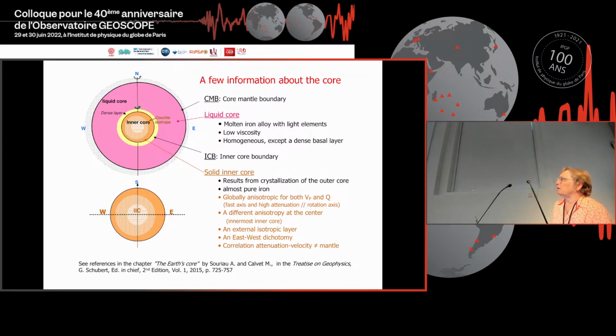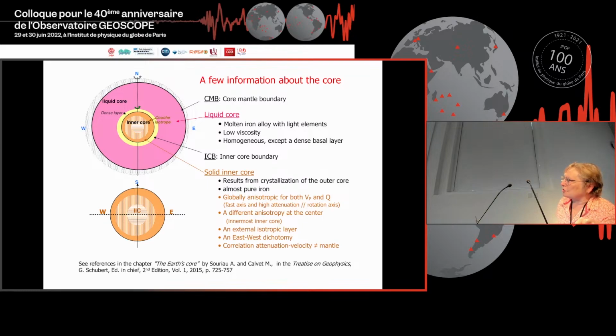It is globally anisotropic, with a fast axis parallel to Earth's rotation axis for velocities, and this axis is also an axis of high attenuation. The anisotropy is different in the center, what we call the innermost inner core.